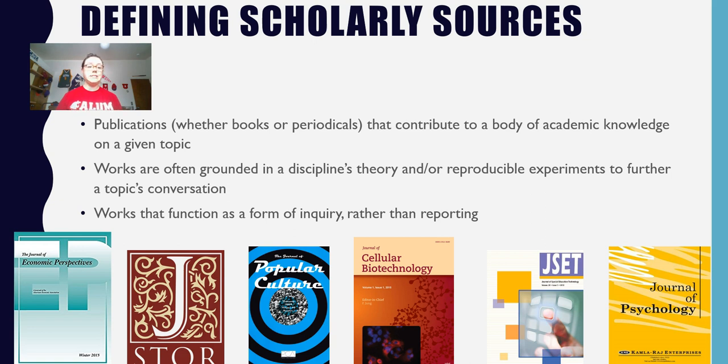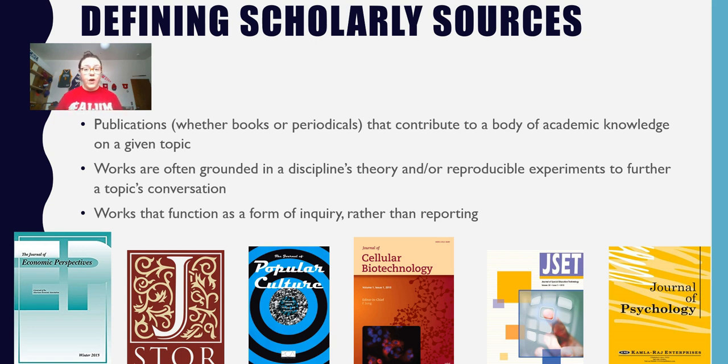If I were reading through the Journal of Economic Perspectives, I probably would not find a race or gender analysis on Breaking Bad in it, but I could expect to find something like that perhaps in the Journal of Popular Culture. So they're very specific to a certain area of study.